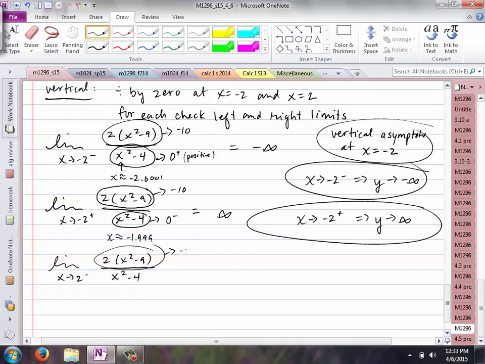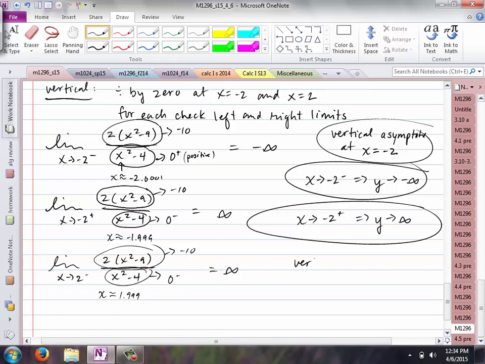The same thing happens on the top, it goes to negative 10. And the x value for this, to kind of think about it, would be 1.999, for example. The bottom is going to 0, but because 1.99999 squared is less than 4, we get something going to 0 that's always negative. So here we have this limit being identical pretty much to the last one, and we get infinity.